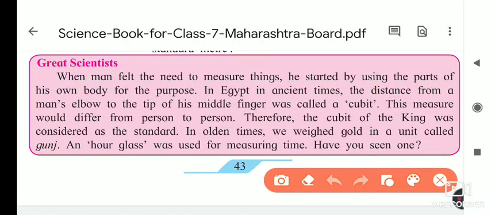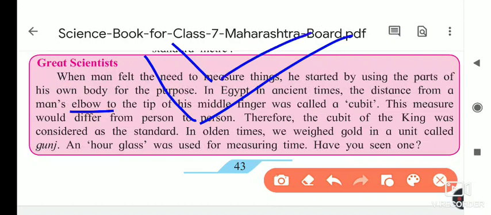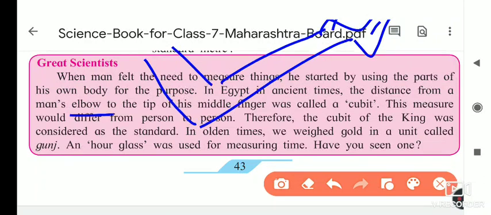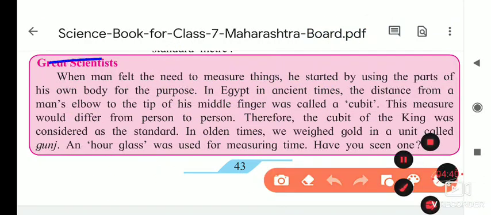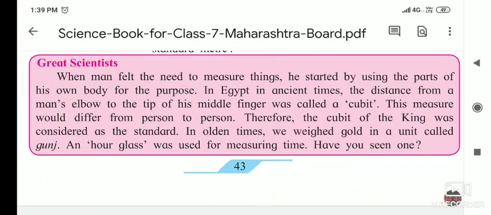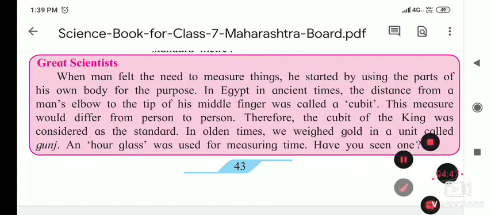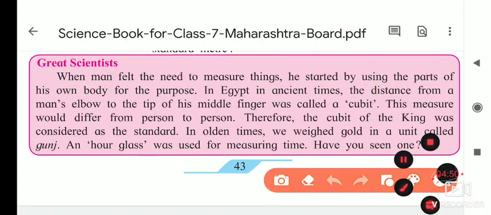In Egypt, in ancient times, the distance from the man's elbow, suppose this is our hand, as you know, this is our hand. The distance from the man's elbow to the tip of the middle finger, that distance was taken as what? A cubit.